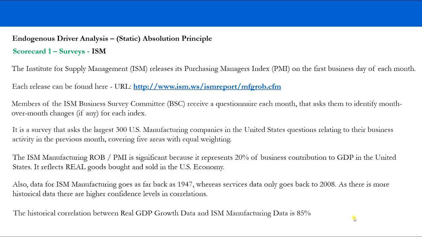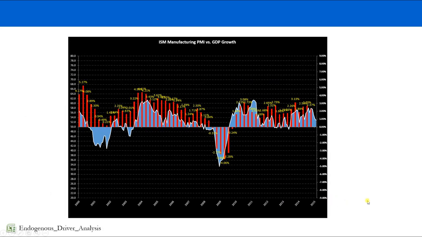And we can have a look at what the correlation between the ISM manufacturing index and real GDP growth actually looks like pictorially. And this is what it looks like. So what we've got here is a chart which shows the ISM data going back to the year 2000 and leading right up to the present day.